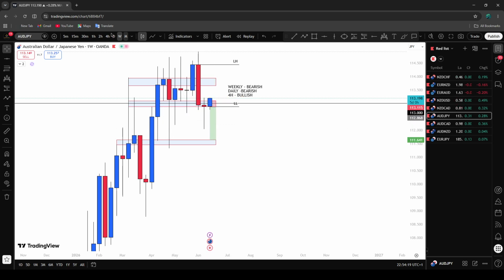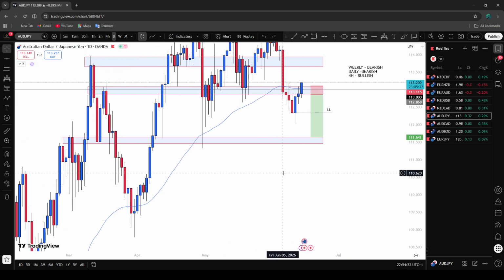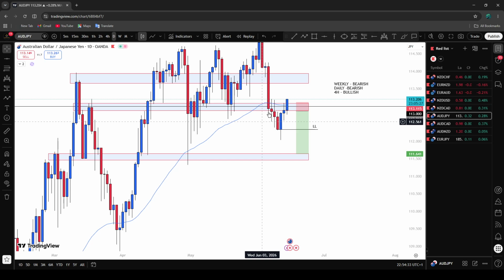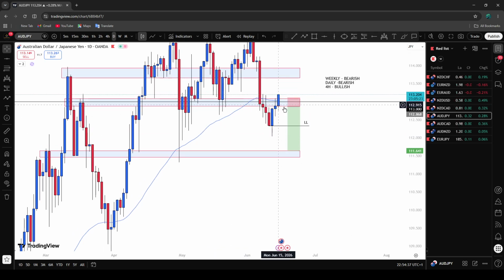And filling this candle, if you go down to the daily time frame, you see that the daily time frame is clearly bearish under this area of interest. So whenever we are under here, we push down. Whenever we are above, we push up. So right now we are under. So once price gets to this place, rejects this zone, gives me a clean rejection, I'll be looking to take the trade down to this place.